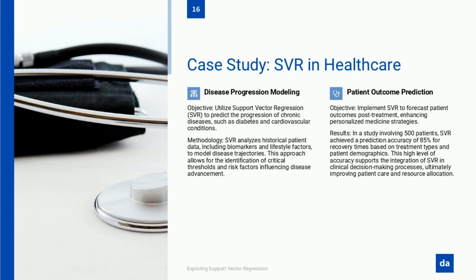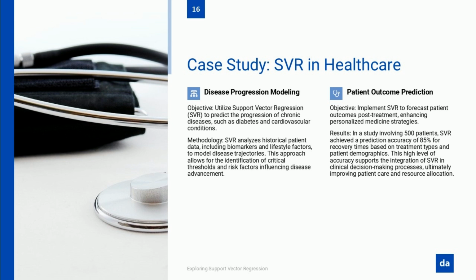Despite these challenges, SVR is proving to be a valuable tool in modern medicine. From predicting disease progression to optimizing hospital resource allocation, it is helping healthcare professionals make more data-driven and accurate decisions. As machine learning continues to evolve, combining SVR with deep learning techniques and integrating real-time patient data could further improve medical predictions.